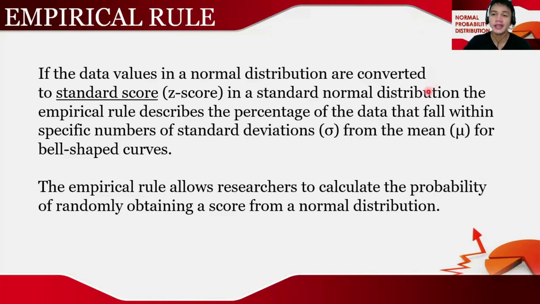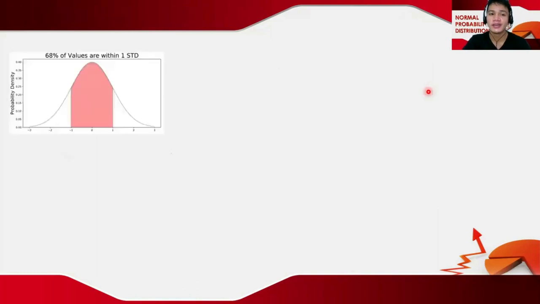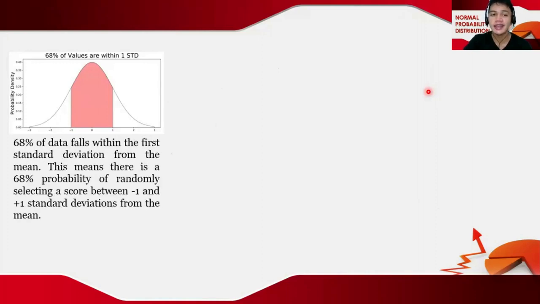To give you this empirical rule, 68% of values are within one standard deviation. 68% of data falls within the first standard deviation from the mean. It means there is a 68% probability of randomly selecting a score between -1 and +1 standard deviation from the mean.